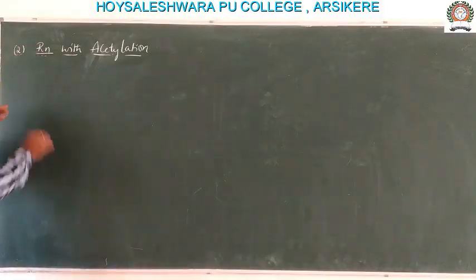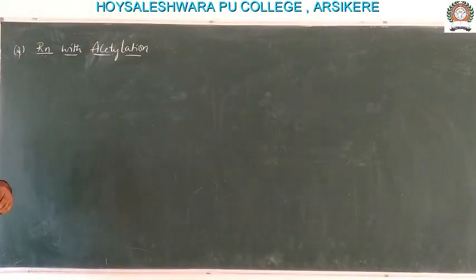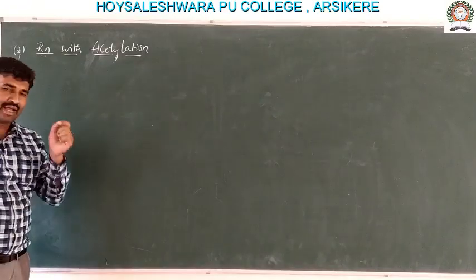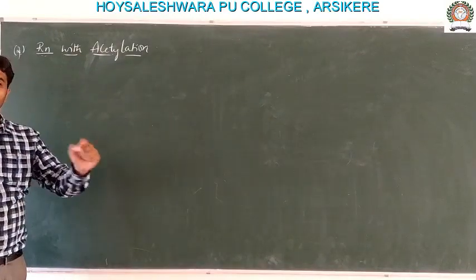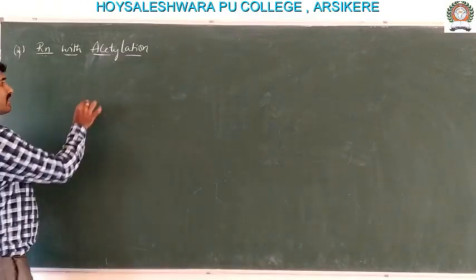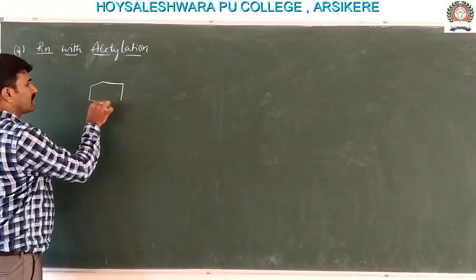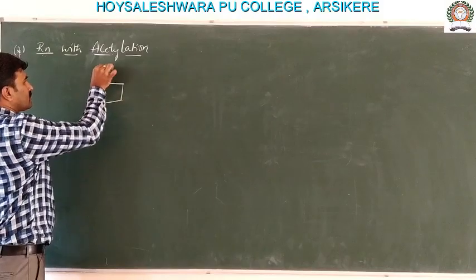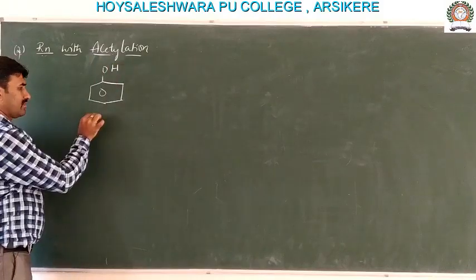The next reaction is reaction with acetyl chloride or acid chloride or acetic anhydride, simply acetylation. See, phenol, this is phenol.